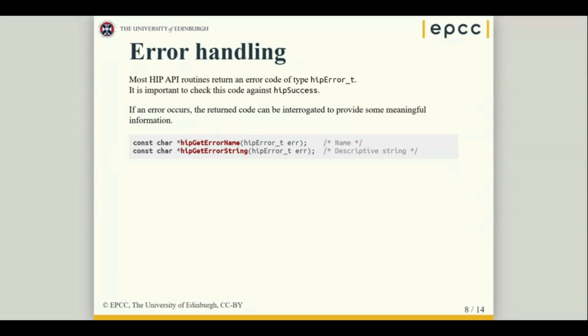So I said I'd come back to error handling. Most HIP API routines return an error code of type hipError_t. So this is an error type. It is important to check this code versus hipSuccess. What you want to do is make sure that if it's hipSuccess, it's fine, continue the program. If it's something else, then report it and give us some information.